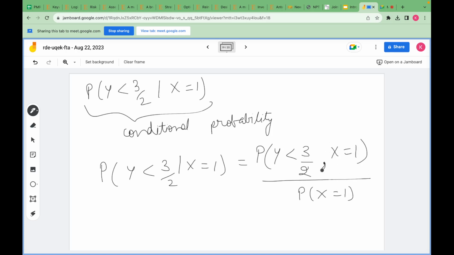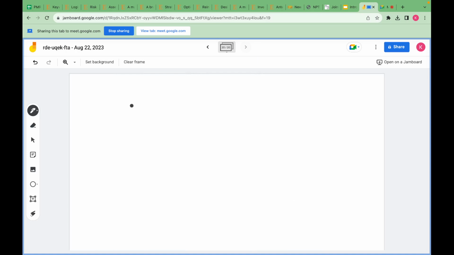Okay, now I want to give a formula for the joint distribution function when we are given conditional probabilities.